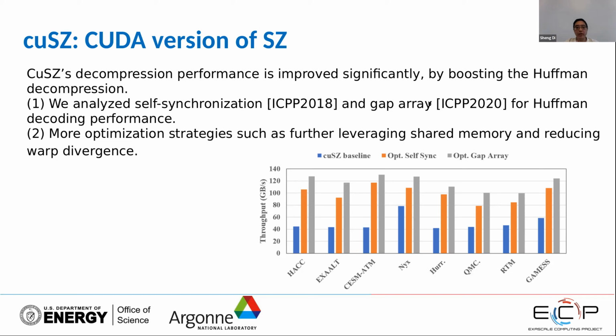Specifically, we boosted the Huffman decoding because it is the significant bottleneck in the whole compression pipeline. According to this figure, we can see that cuSZ's decompression performance has been improved twice as before.